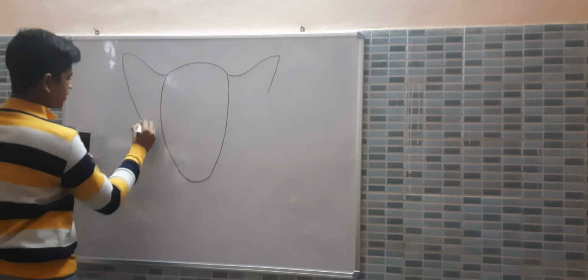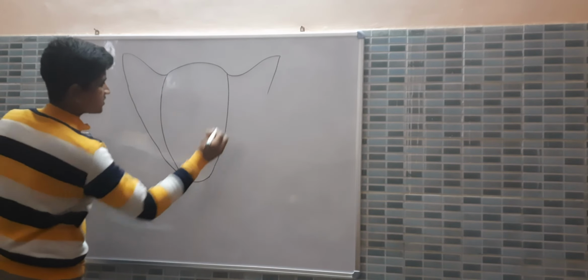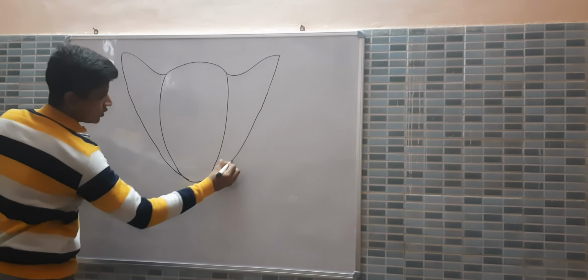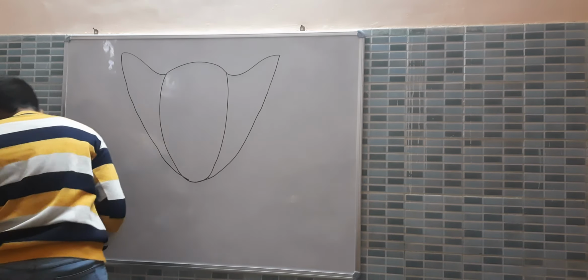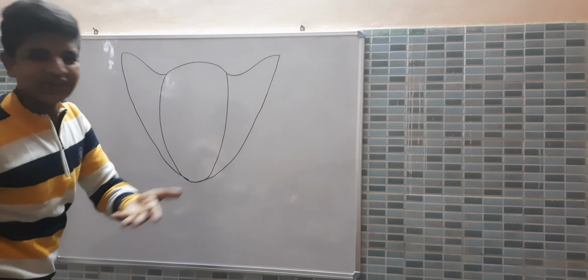It is not at all a difficult diagram. It is really the easiest diagram that I'm going to tell you in this video. These two, as you have seen in the diagram, are petals.